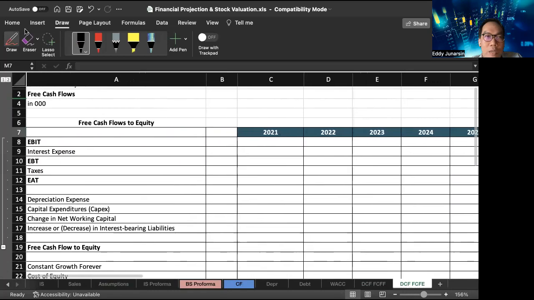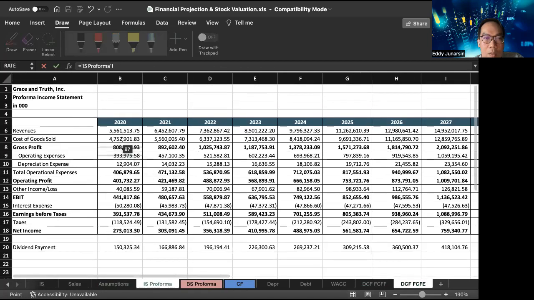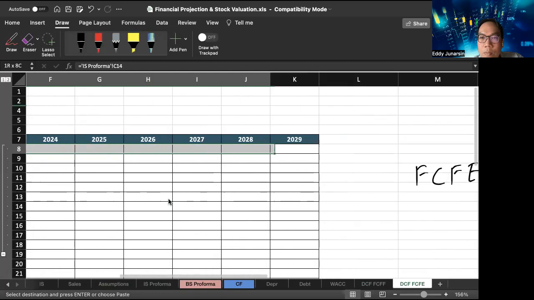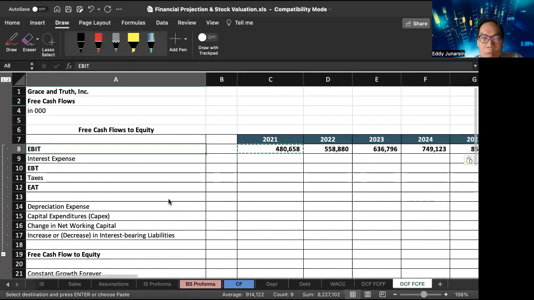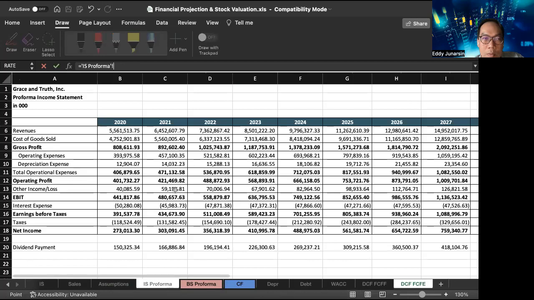So let's try it here. We can begin with EBIT. EBIT of 21. Interest expense. Yeah, interest expense of 21.